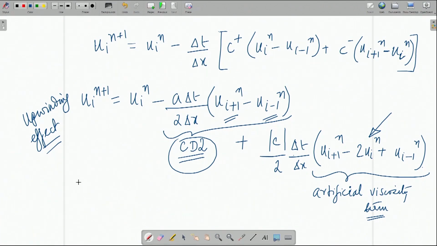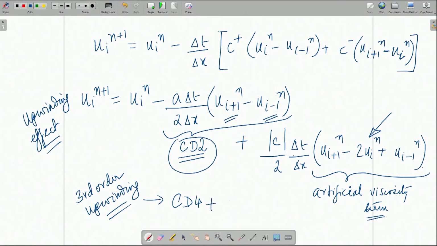Let us say if you are looking for a third order upwind scheme in order to improve your accuracy of upwinding in the formal accuracy sense, then you would go for CD4 and add artificial viscosity to it, which would involve the fourth derivative of the dependent variable.